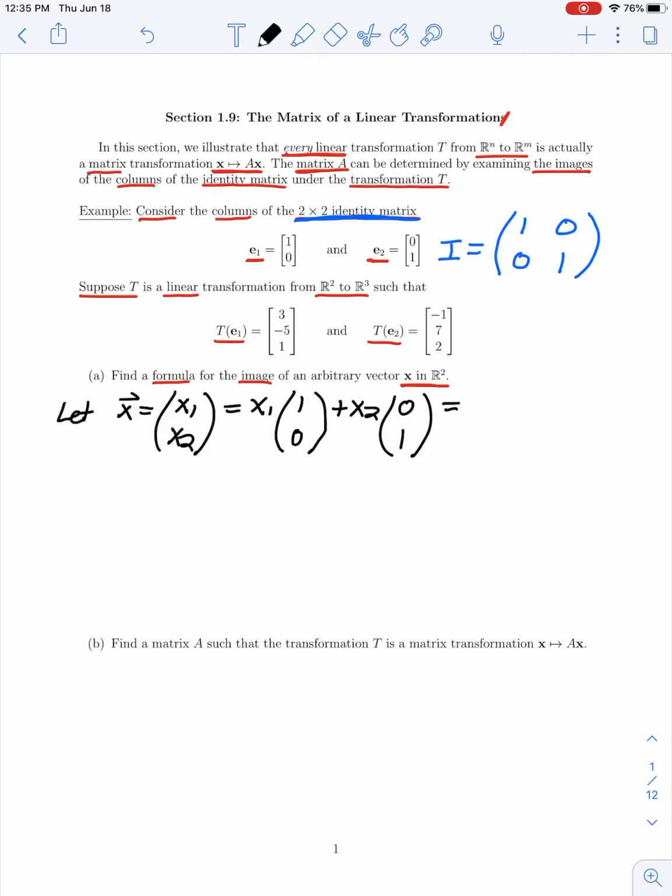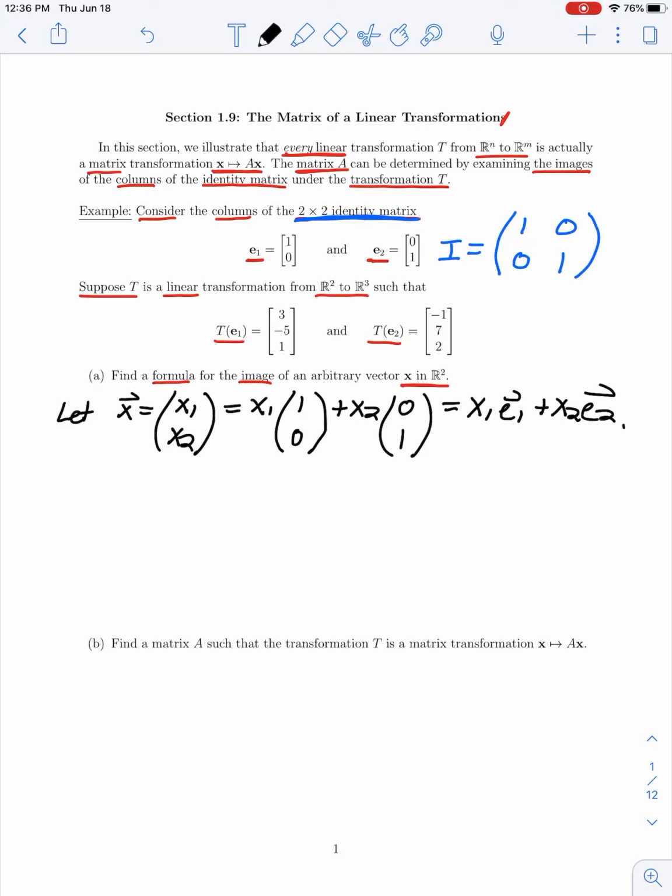But we recognize this as x1 times the vector e1 plus x2 times the vector e2. So here, any vector we see can be written as a linear combination of these e1 and e2 vectors. So these e1 and e2 vectors are what are sometimes called the standard basis vectors for the plane, and we'll discuss basis vectors in more detail a little bit later in our course.